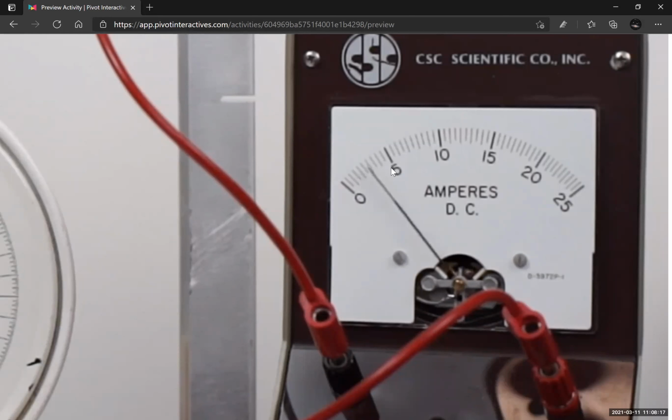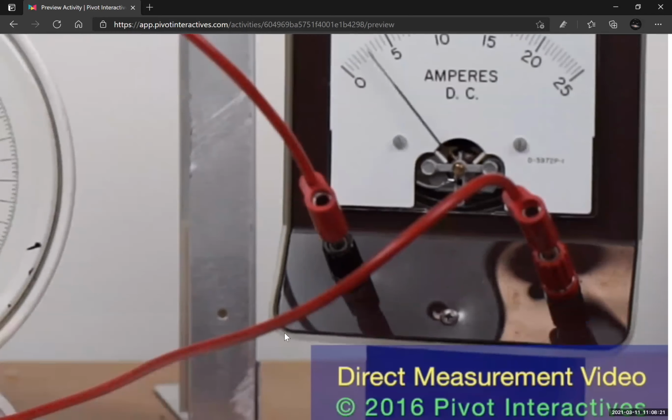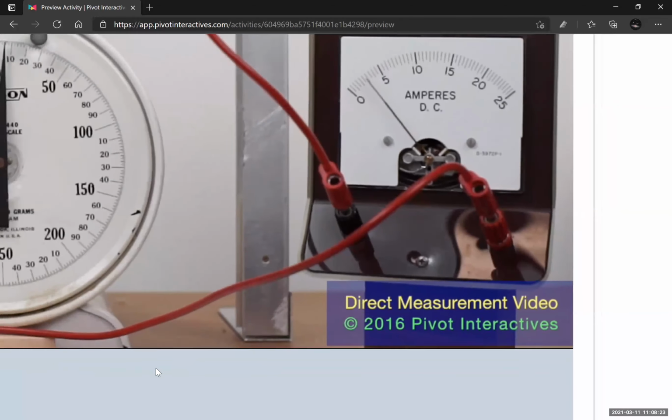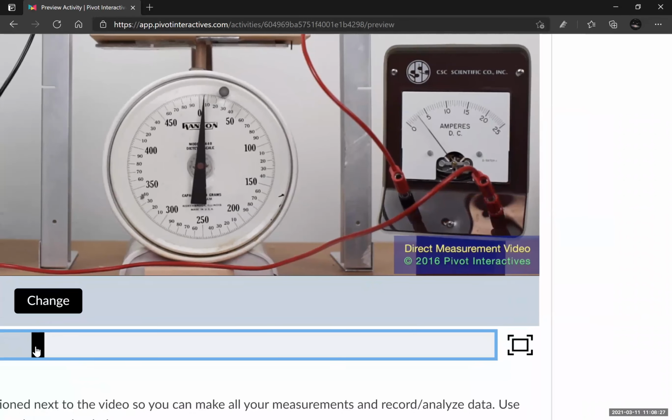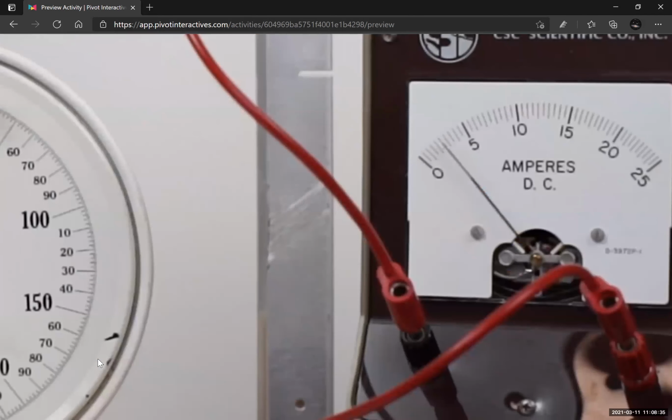That means each mark is half an amp. So we go and find 2.5, which is right here. So this is 1, this is 2, this is 3, this is 4, and that's exactly 2.5.